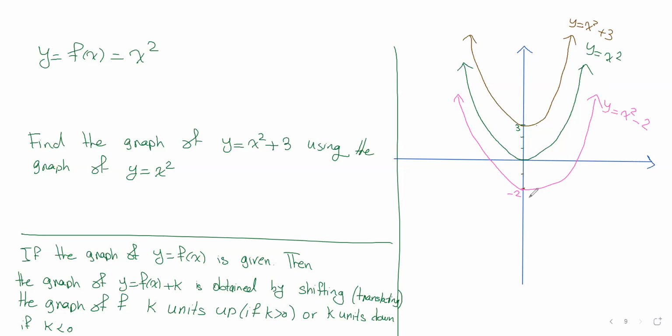So this is translation by k units. It's called vertical translation by k. Vertically, you're moving your graph vertically, right? Up or down.